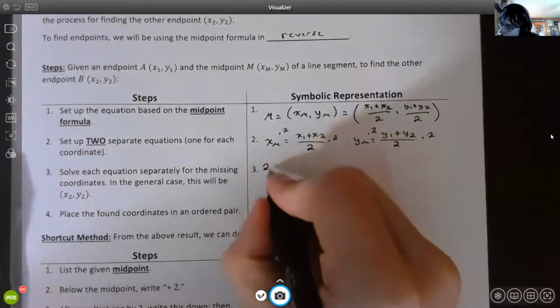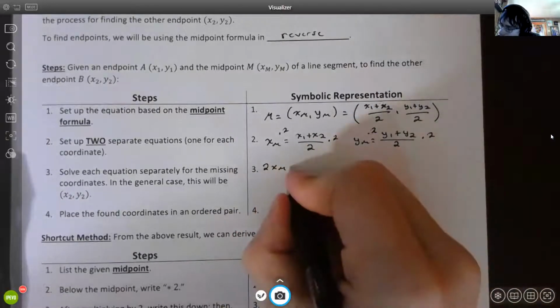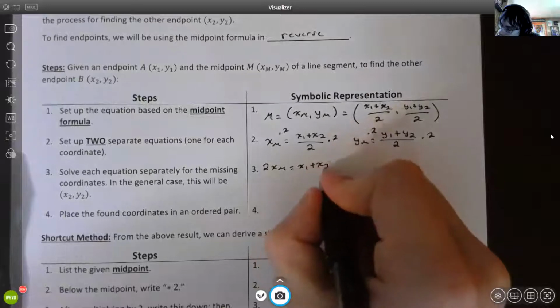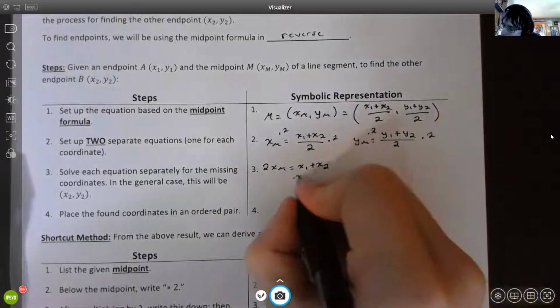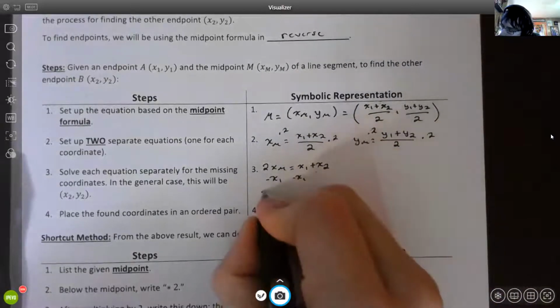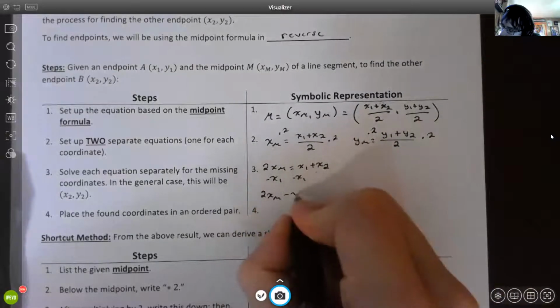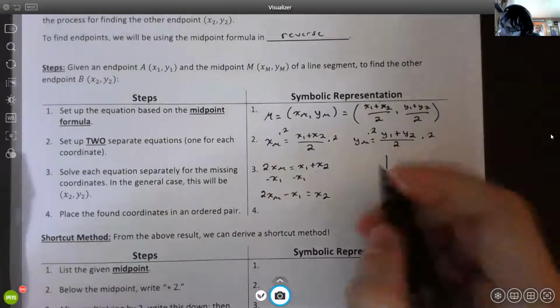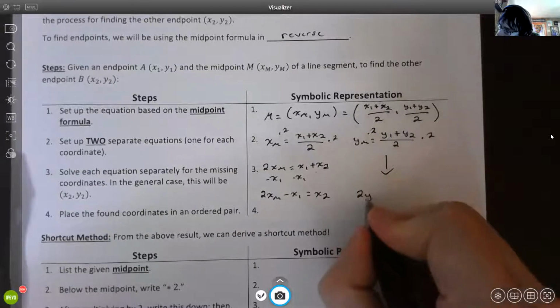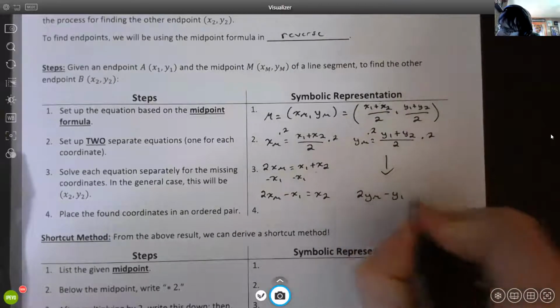And we get 2 times x sub m is equal to x sub 1 plus x sub 2. We want to get the x2 by itself, so we have to subtract x1 on both sides. And so we get 2x sub m minus x sub 1 is equal to x2. Likewise, you would get the same thing here, just with y sub m instead, and y sub 1.